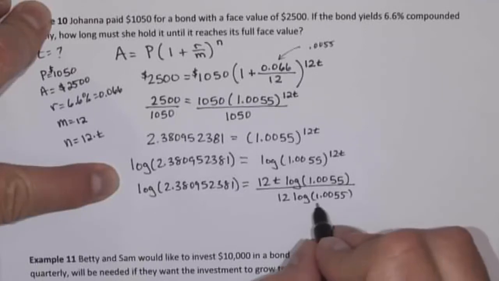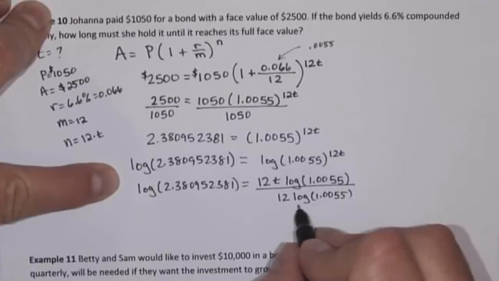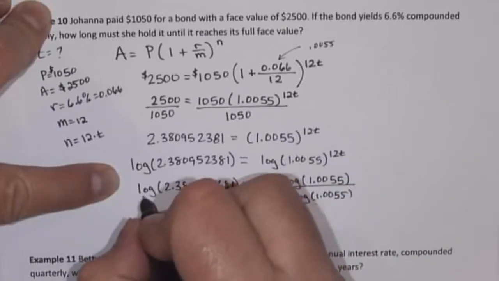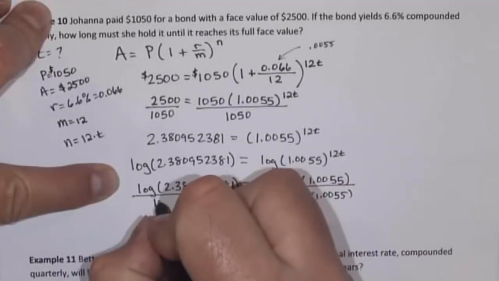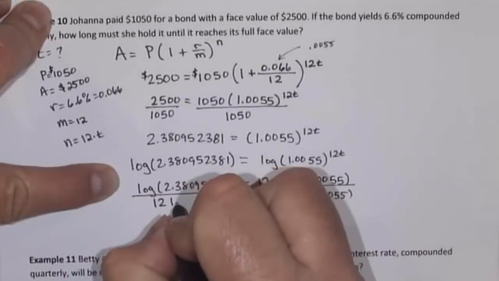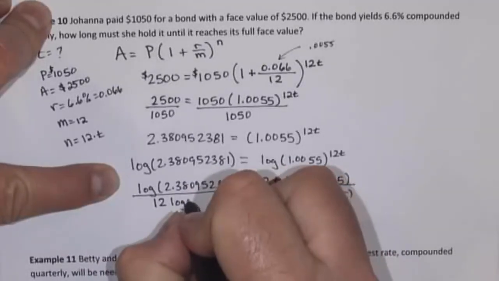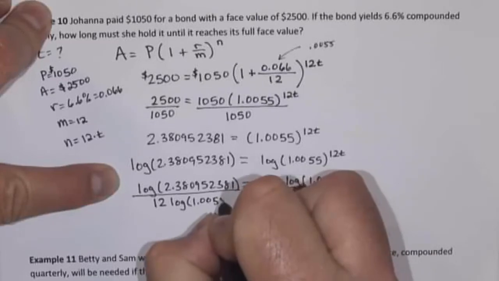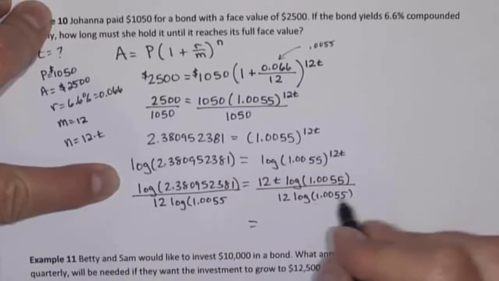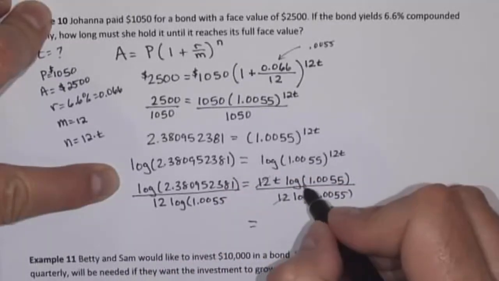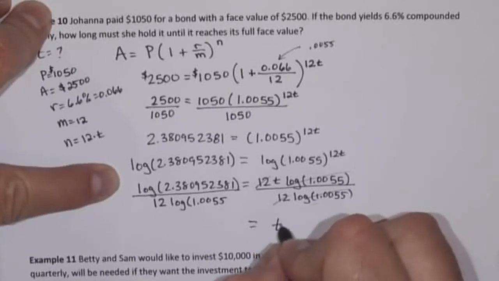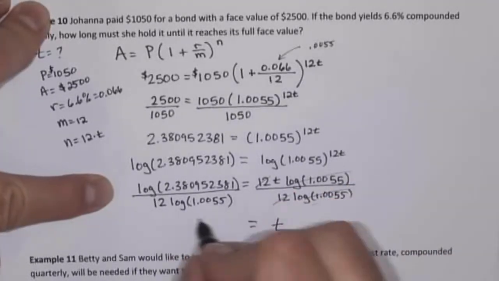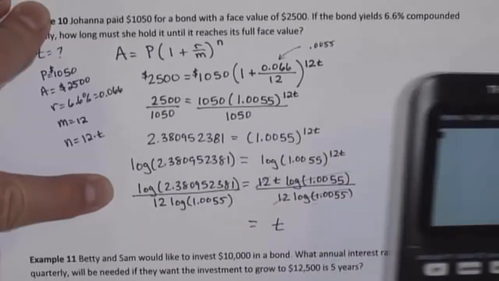Remember that log of 1.0055 is just this weird number, and so it's 12 times this weird number, and I'm going to divide both sides by that. So divide both sides by 12 times the log of 1.0055. So on the right-hand side, the 12s will divide out, the logs will divide out, I'll be just left with t. And so I've just got to figure out what this is.